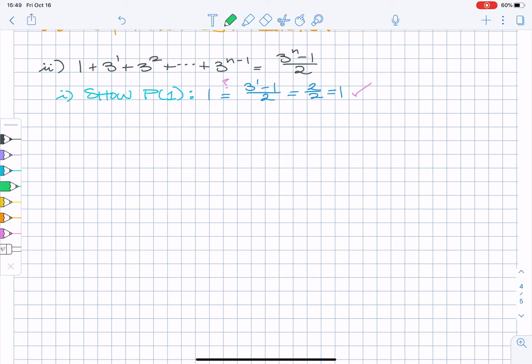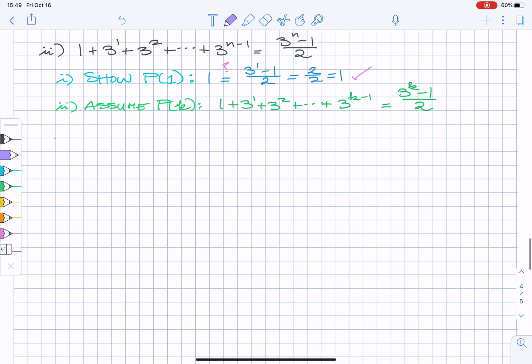Check mark. So number 2, we're going to assume that the proposition at k is true for some integer k, namely that 1 plus 3 to the first plus 3 squared plus dot dot dot plus 3 to the k minus first is indeed 3 to the k, from which I'm subtracting 1, all over 2.